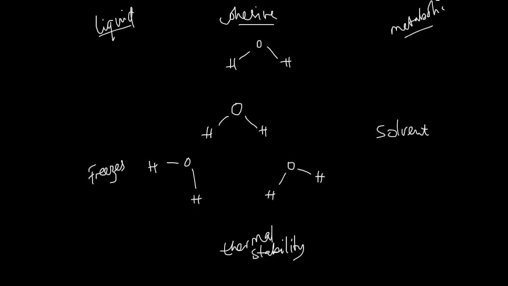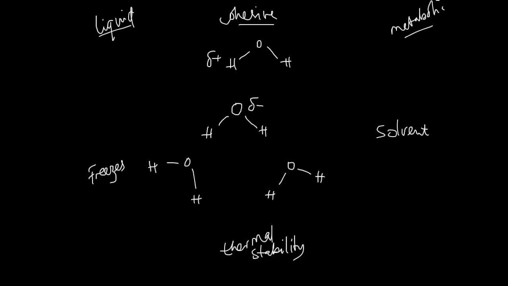So we've discussed that there's a slight positive charge on these hydrogens and a slight negative charge on the oxygens. Now, positive and negative, just like the north and south ends of magnets, if you put the two together, opposites will attract each other.